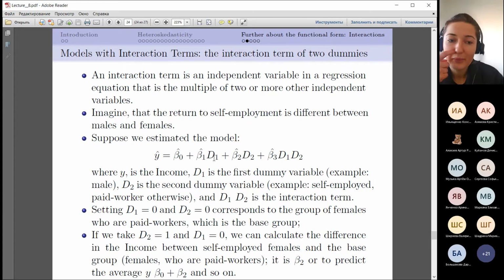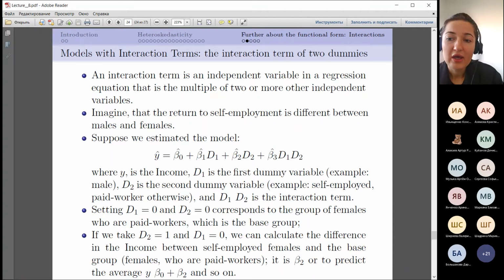Its category equals 1 when the respondent is male, and 0 otherwise. And the second dummy variable here is the self-employed status that equals 1 when the respondent is self-employed, and otherwise equals 0 when, let's say, the respondent is a paid worker.